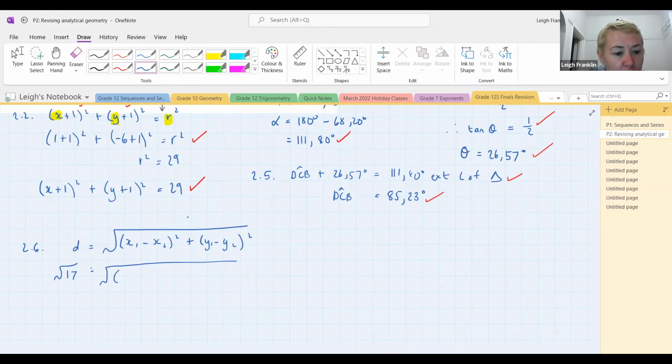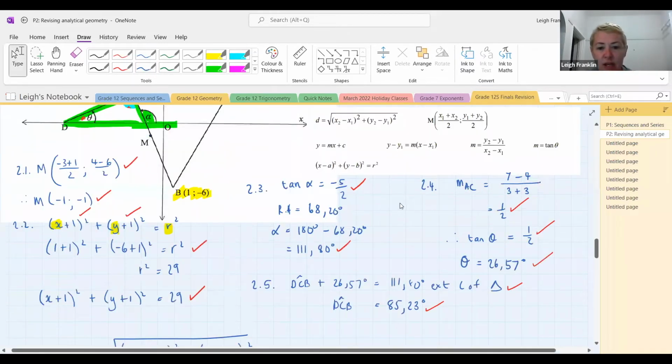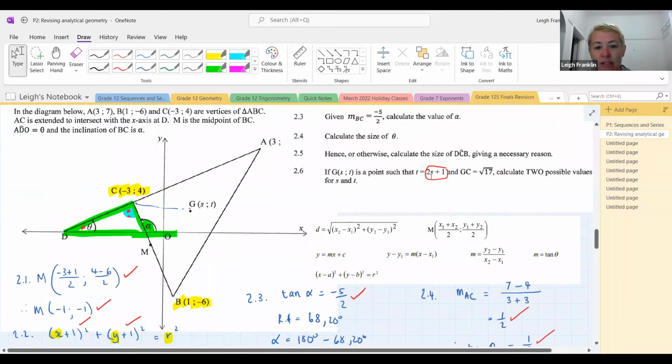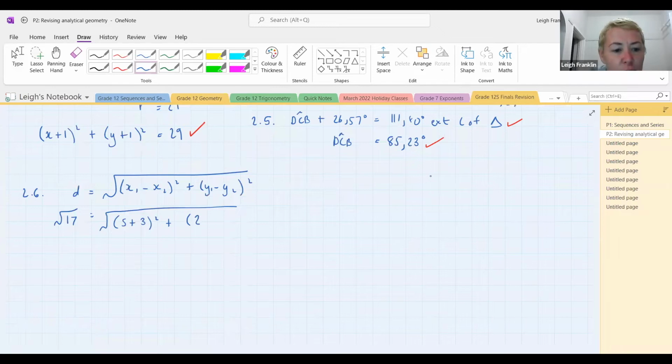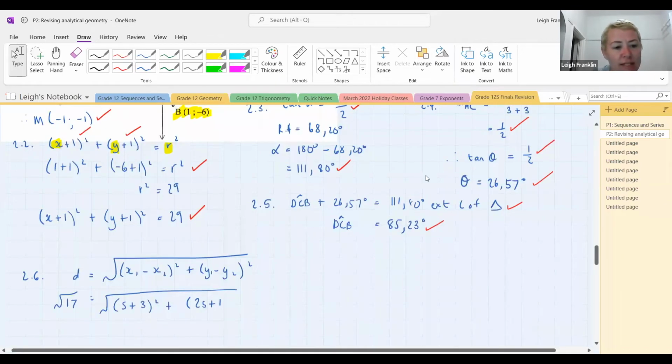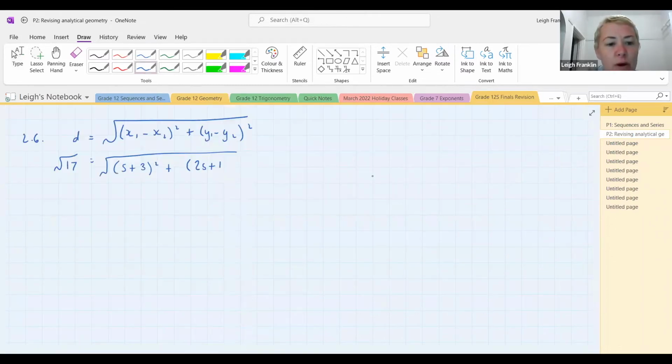Then instead of working with T, we can work with 2S plus 1, so we're writing T as 2S plus 1. Now we put in our y coordinate at C, which would be 4, so we end up with 2S plus 1 minus 4, squared. Does that make sense to everyone?